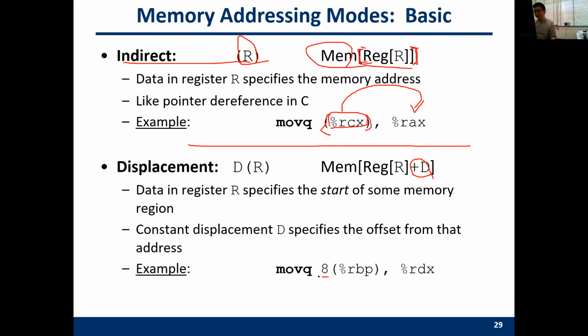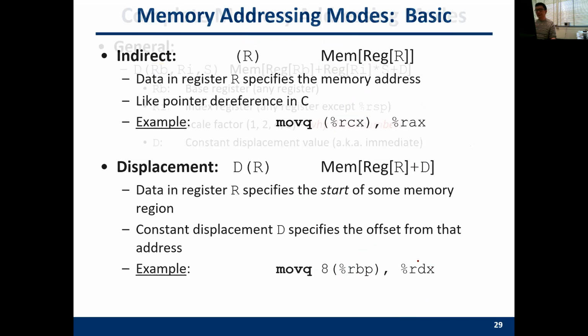You can write the displacement here. So in this way, we can use the value stored in this register plus this 8, and then we can read that address. We can read the value at that address and store the data to this register.